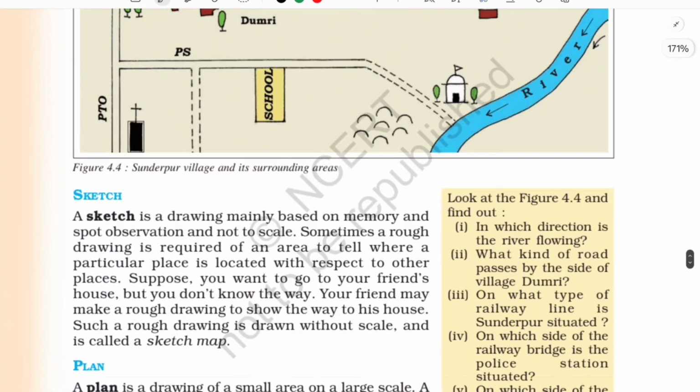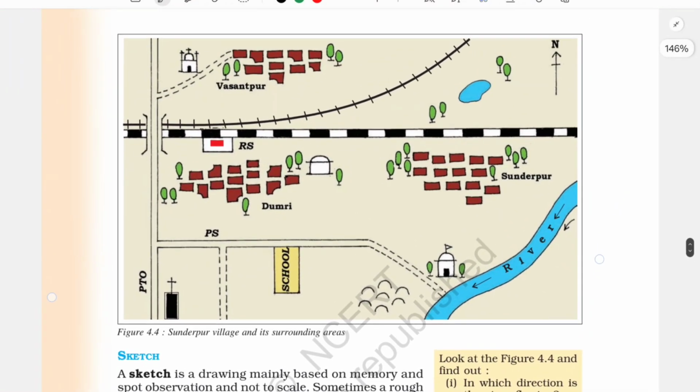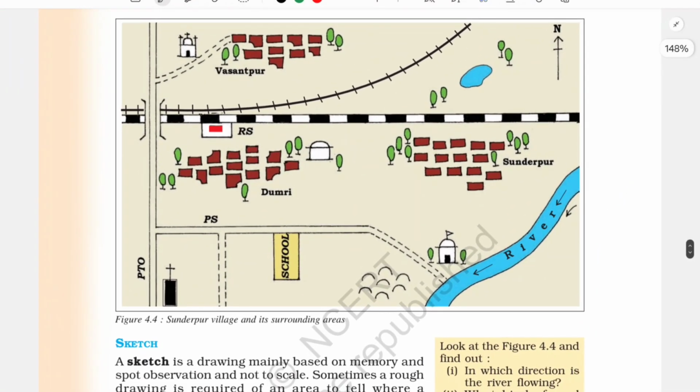Here one map is given: Sundarpur village and its surrounding areas. Through this map we can see the mosque here, and trees over here. This is the railway line, the railway station is over here, the police station is here, and this is the post and telegraph office.